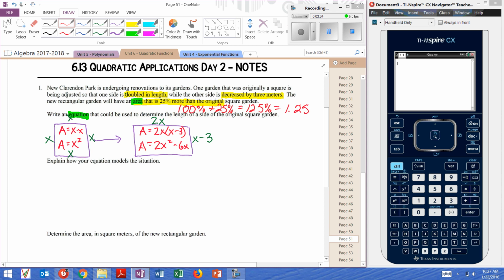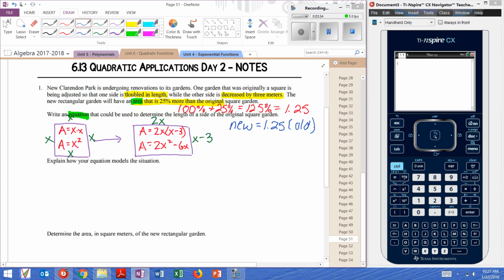So 1.25. So we know that the new garden will have an area that is 25% more than the original or the old.